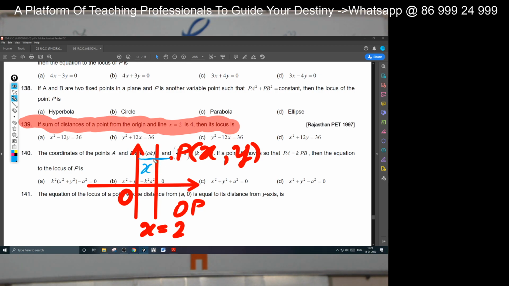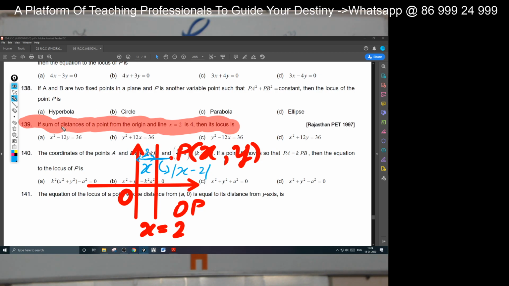And the line x equal to 2 is at a distance of 2 units from this, so this distance is 2 units and the entire distance is x units, and hence this distance will be modulus of x minus 2.